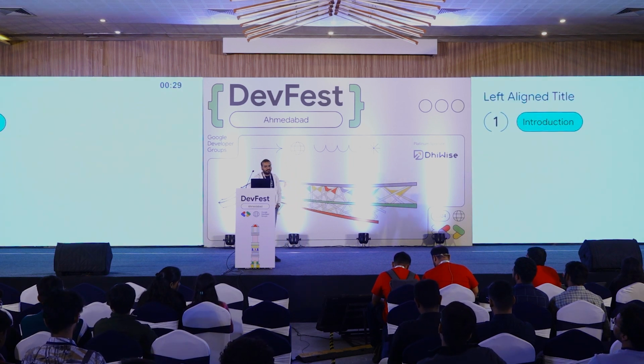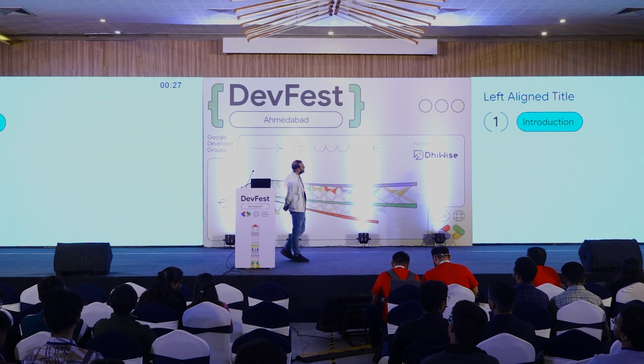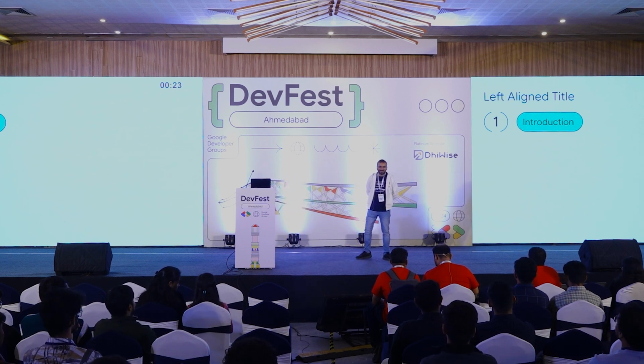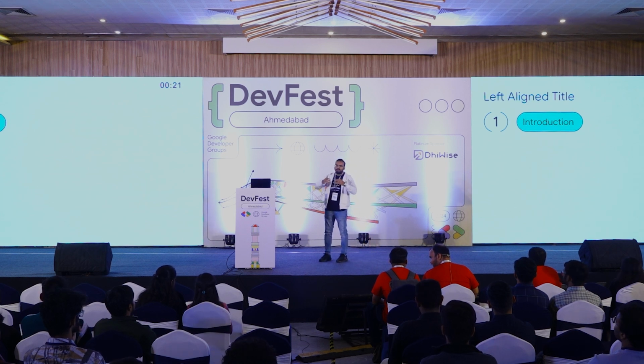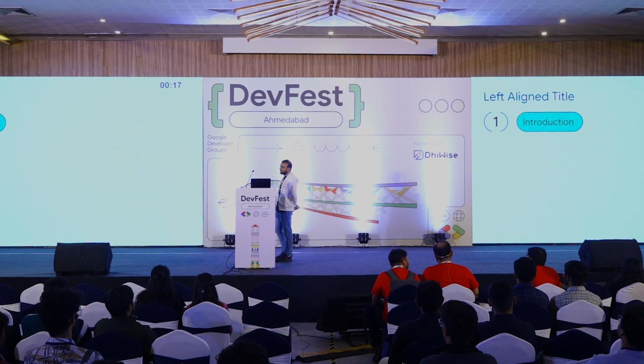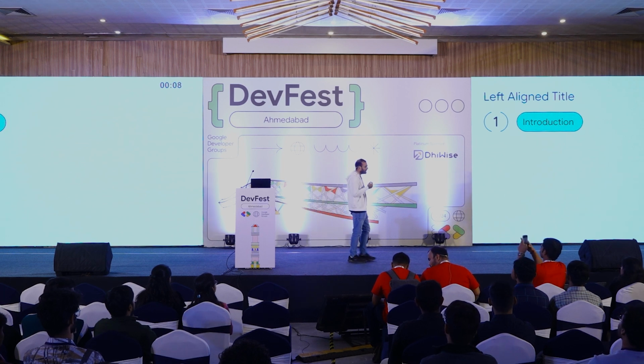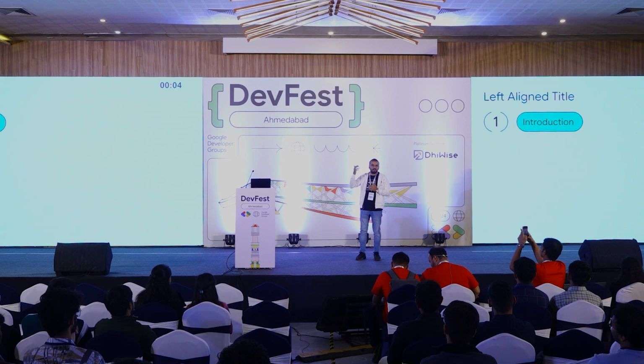Without further delay, I'll start with the left-align title, something which I forgot to edit. So basically, I'll go with the agenda, what we are going to discuss, okay? First of all, introduction. Not my introduction, about the session. As I said, front-end system design is all about how to make it performant, right? When you want to scale it, you want to grow big.